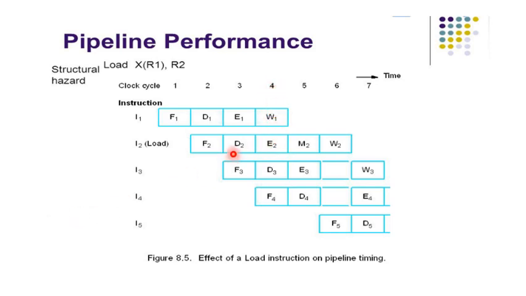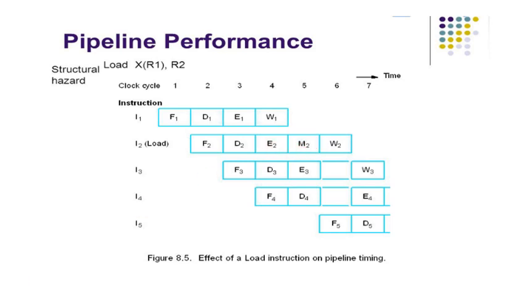Then memory access takes place in cycle 5. The operand read from memory is written into register R2 in cycle 6. This means that the execution step of this instruction takes place over 2 clock cycles, that is cycle 4 and cycle 5. It causes the pipeline to stall for 1 clock cycle.